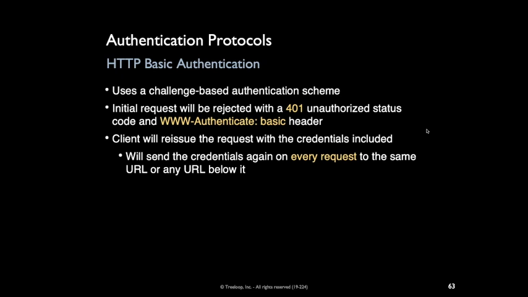Okay, so now somebody makes a request to my website in the browser, just a regular old request. Now, because I have basic authentication turned on, the web server is going to return a response that includes a 401 status code, which is unauthorized, and includes the WWW-Authenticate header, and it specifies, in this case, basic. So in other words, the server is saying, nope, you are not authorized to get that resource, but I am willing to accept basic as the form of authentication.